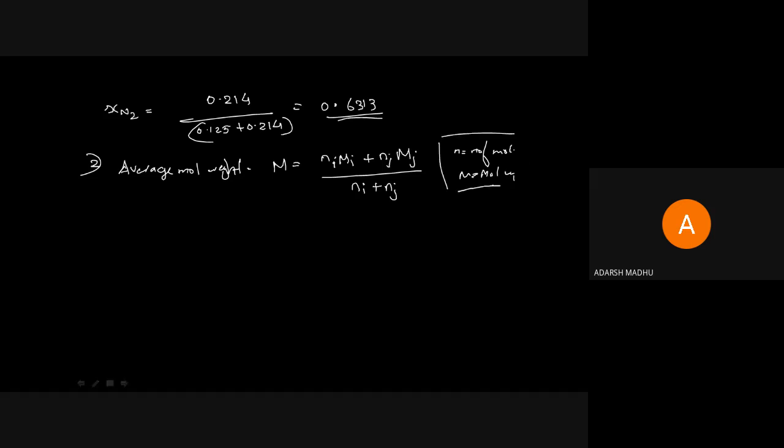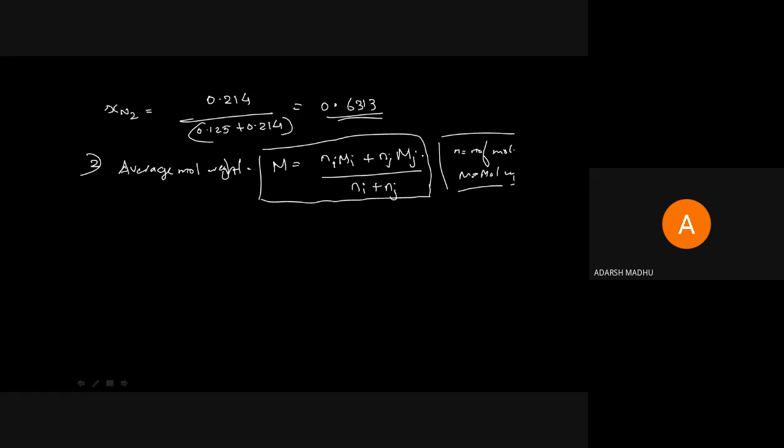So the equation means that if there are two constituents, and here there are only two, that is oxygen and nitrogen. In this question we have oxygen and nitrogen only.